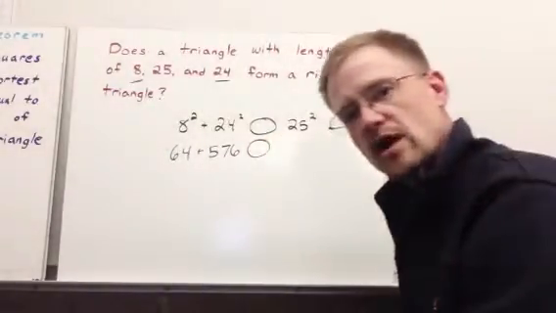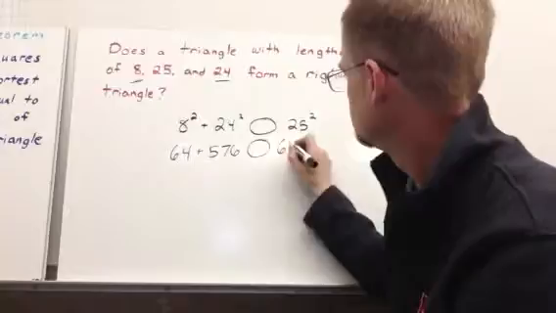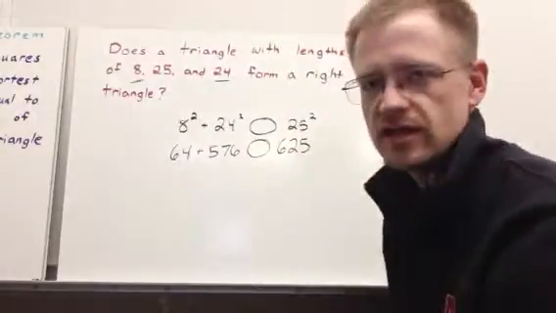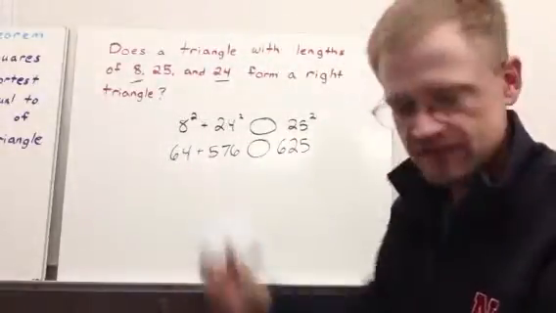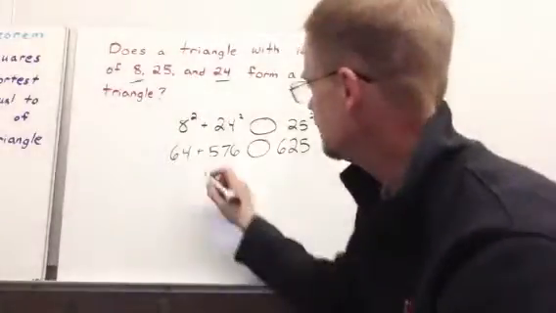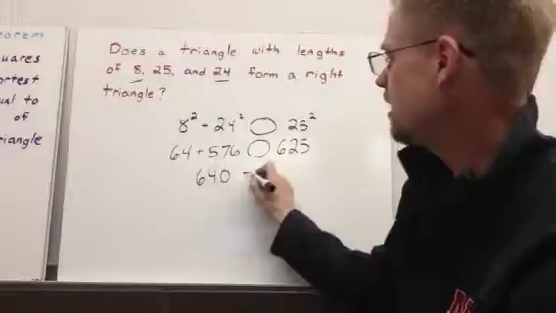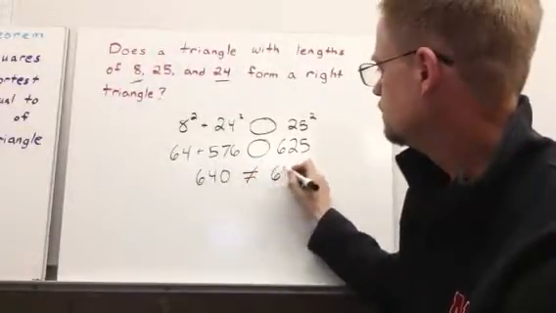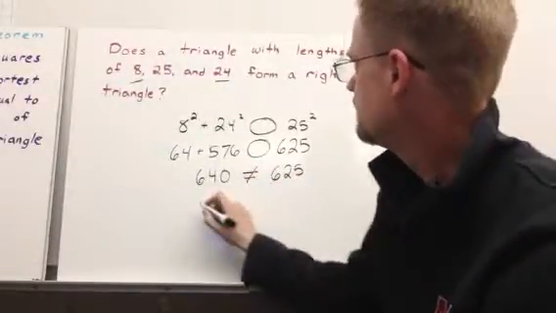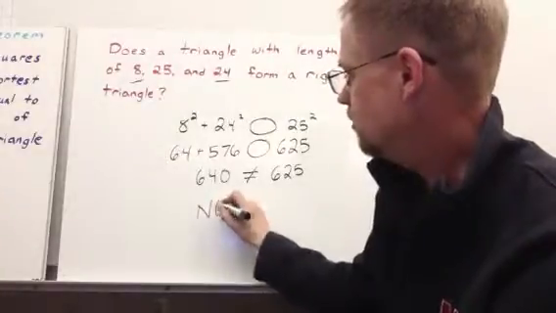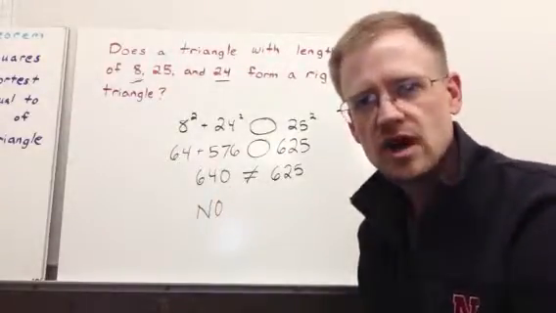And 25 squared is 625. Okay, and again, just do it with your calculator. So we can add these two up. 64 plus 576 is 640. And we can see right away that is not equal to 625. Therefore, no, this is not a right triangle.